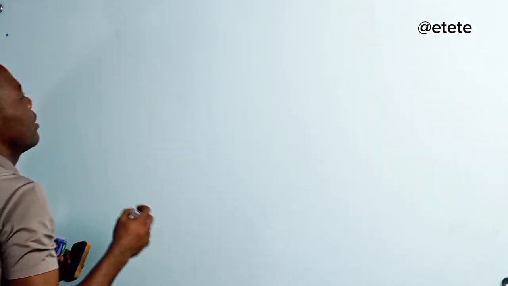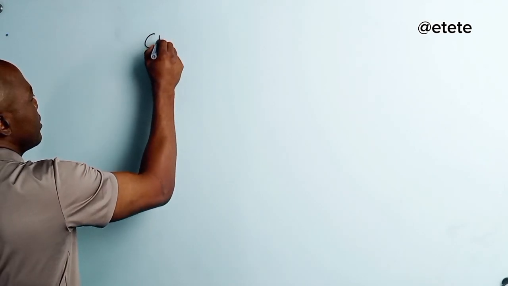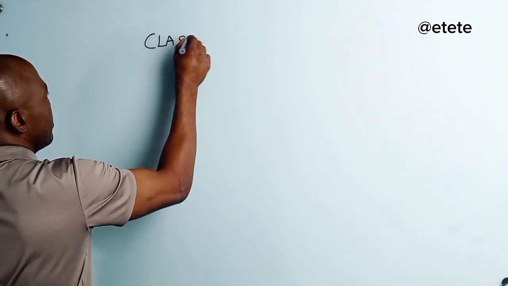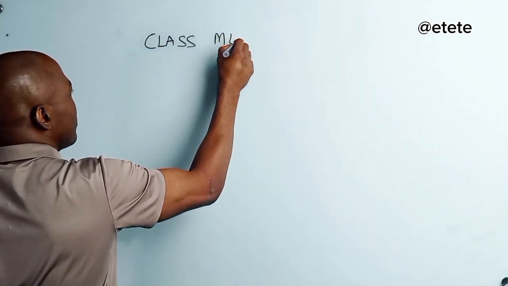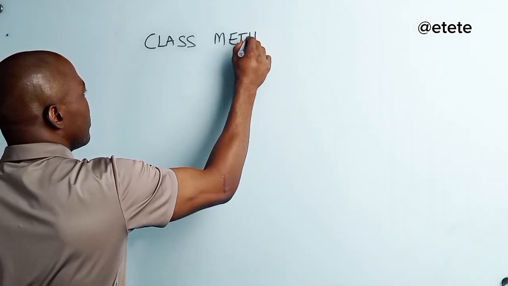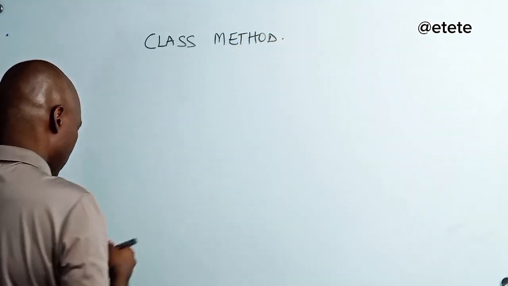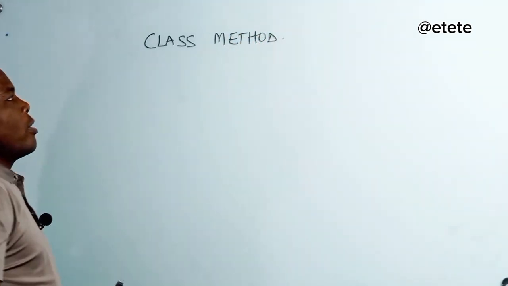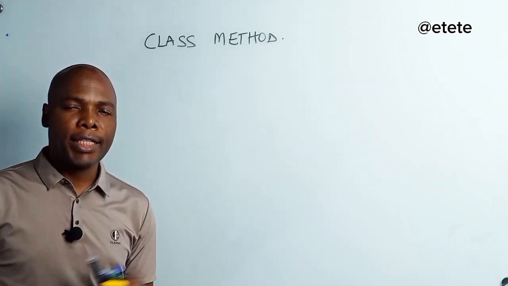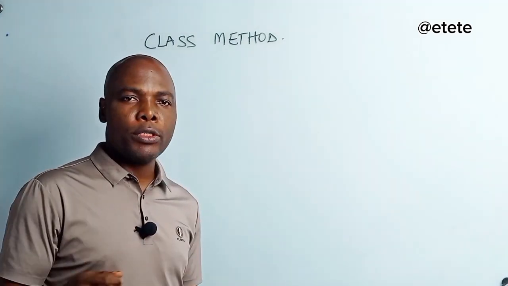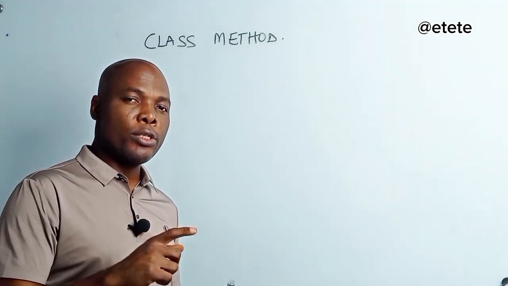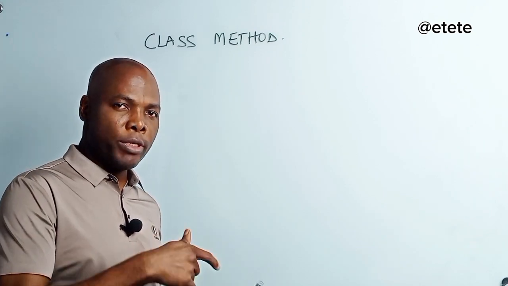Okay, let me write class method. Why do we need this class method? Before you can call an instance method, you need to create an object for that class.